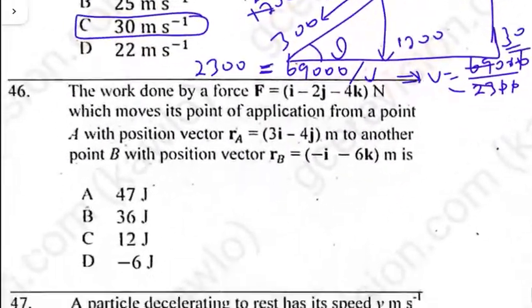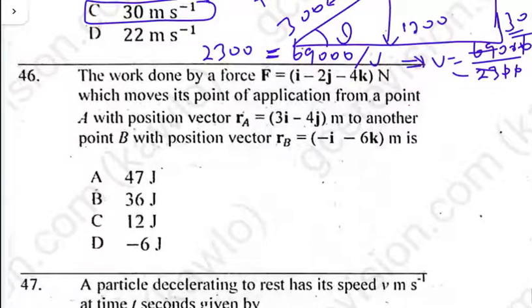Question 46. The work done by a force F equals that newtons, which moves its point of application from the point A with position vector RA to another point B with position vector that. So what's the formula for work done by a force that moves a point of application?